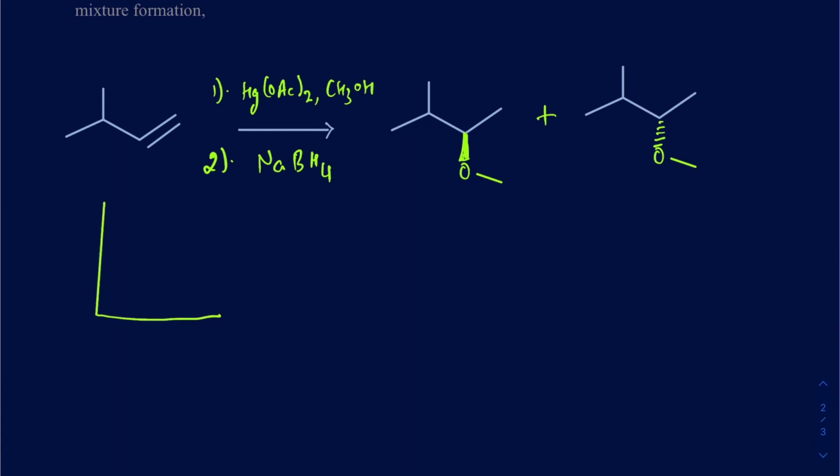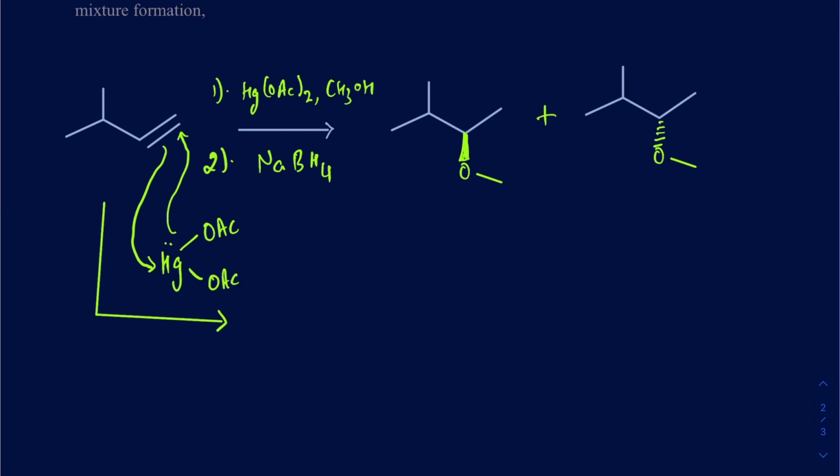Typically, you don't have to know the mechanism for this, but I'll show you why it doesn't really do any carbocation rearrangements. So I got this mercury acetate here. That's how it looks. And I got a lone pair on the mercury. So I'm going to have this pi bond attacking, and then this mercury going back and attacking the other carbon.